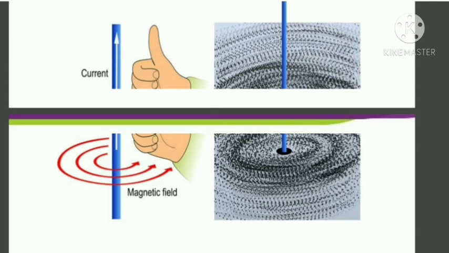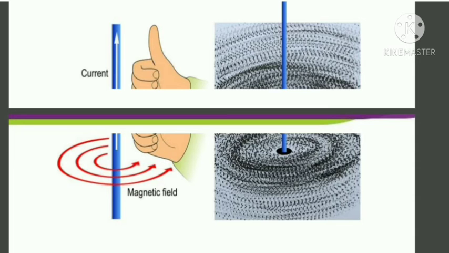when electric current starts flowing through it, these iron filings which are spread uniformly on the card sheet will get rearranged in the form of magnetic field lines. From that we can understand that when electric current is passed through the conductor, magnetism is produced, a magnetic field is produced.